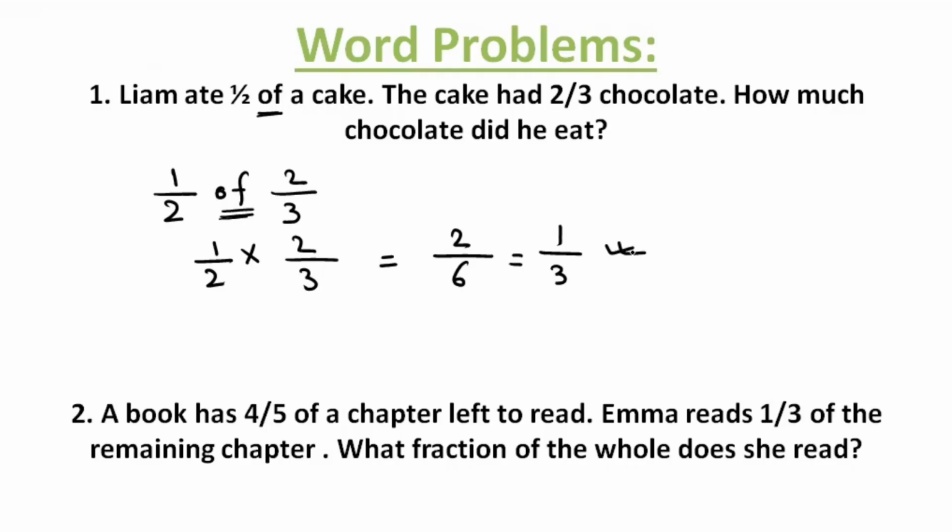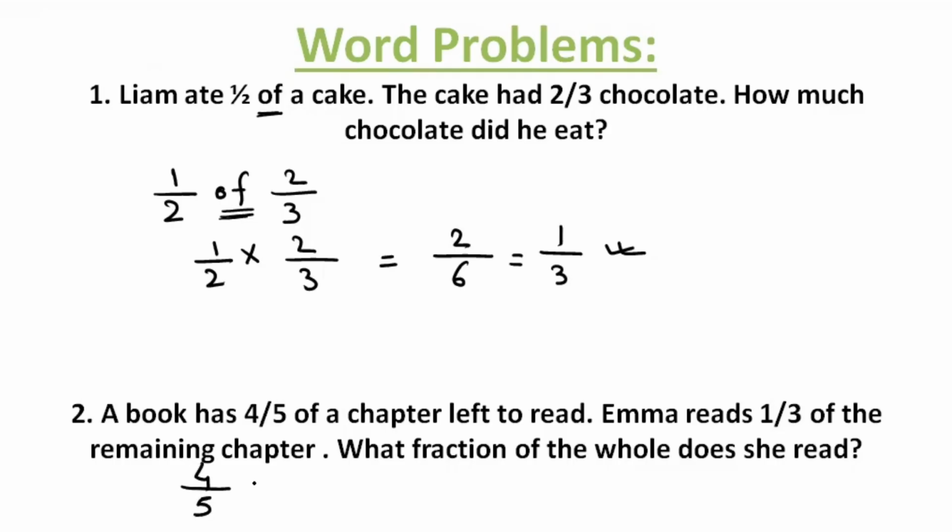This is the answer. And the second question says, a book has 4/5 of a chapter left to read. Emma reads 1/3 of the remaining chapter. What fraction of the whole does she read? So what we have to do? We have to multiply.